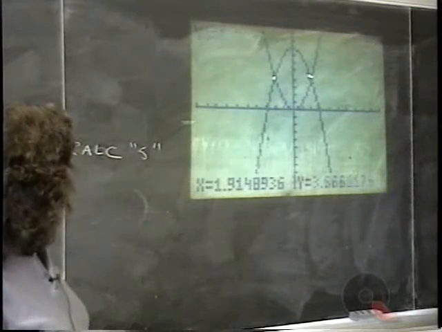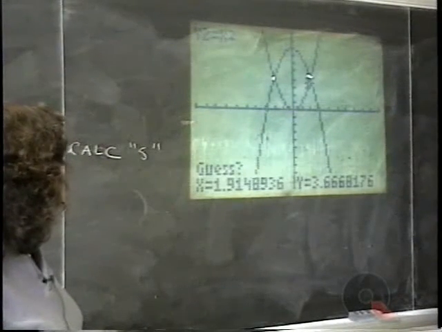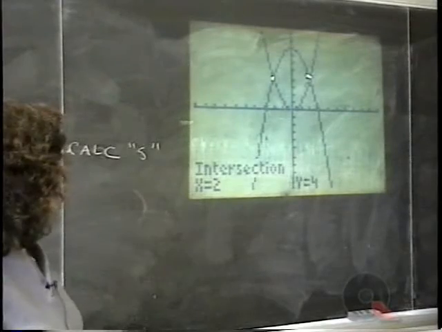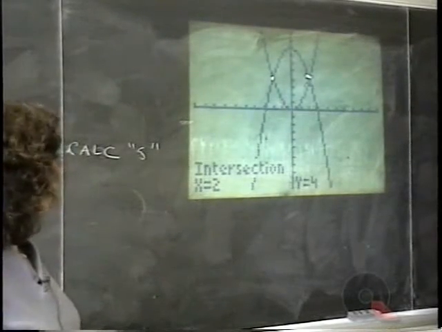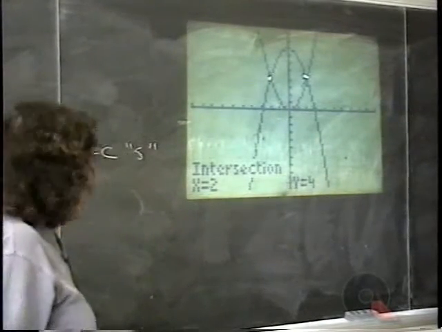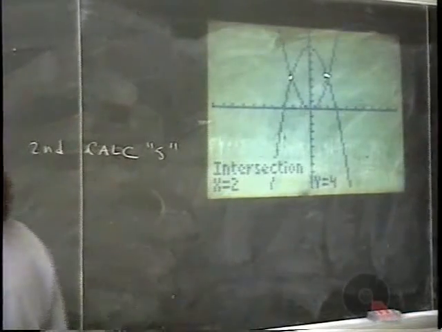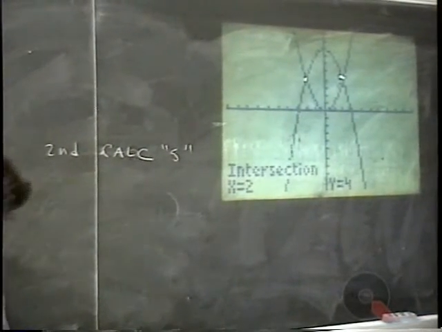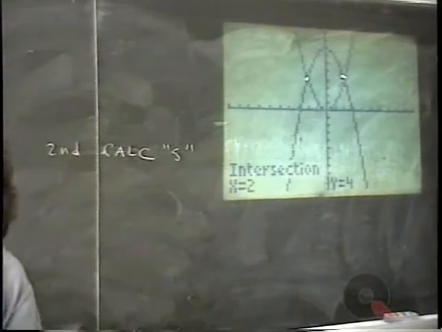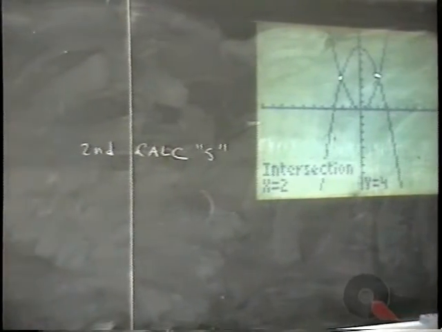I'm going to hit enter once, twice, the third time it gives me the point of intersection of 2, 4. All right, so I know the points of intersection one way or another, and I'm now ready to proceed with this problem. Let's go back over here.